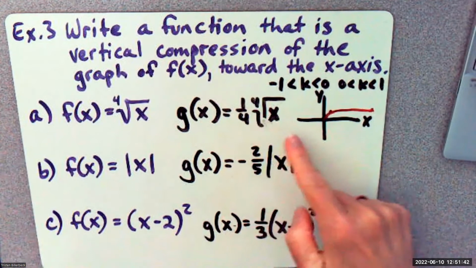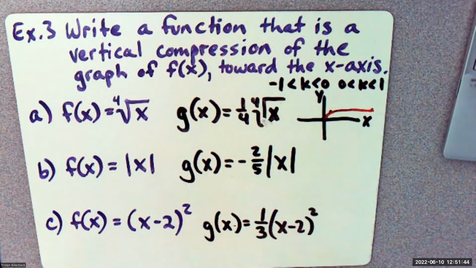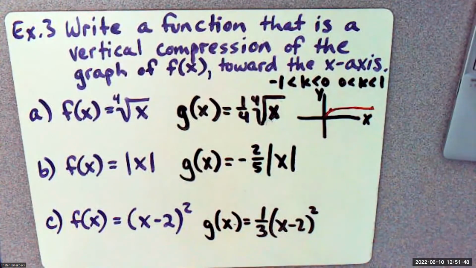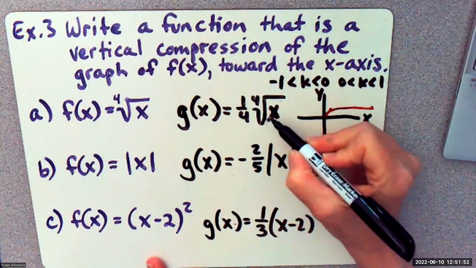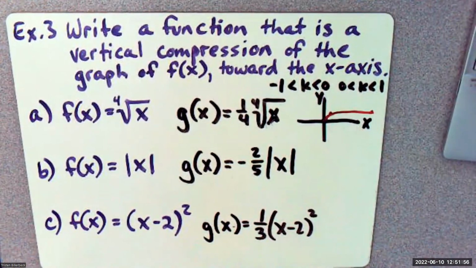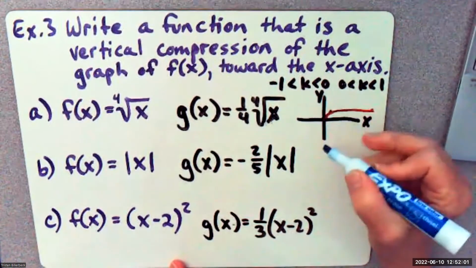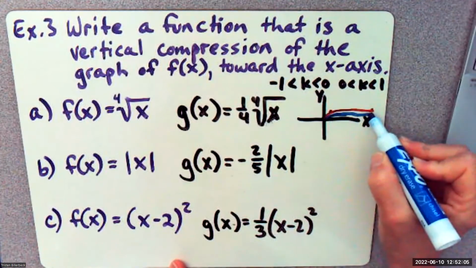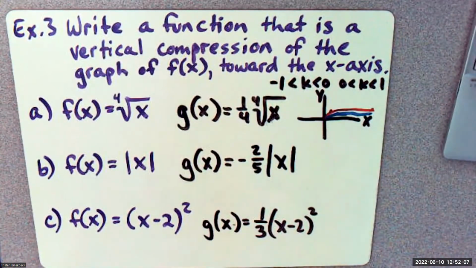So the 4th root of 16 is 2. Because 2 times 2 times 2 times 2 is 16. So it takes 4 2s multiplying to be 16. So now let's look at what 1/4 would look like. Well, that's going to flatten it out even more. So it would look like that. Okay, so that's the compression.